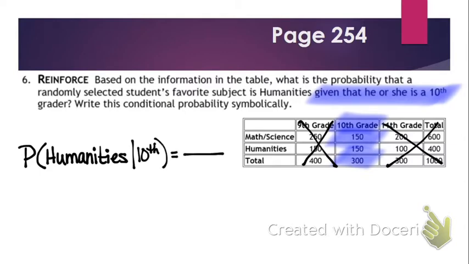What would my denominator be? 300. That's all the 10th graders. What would the numerator be? 150. This is the intersection.